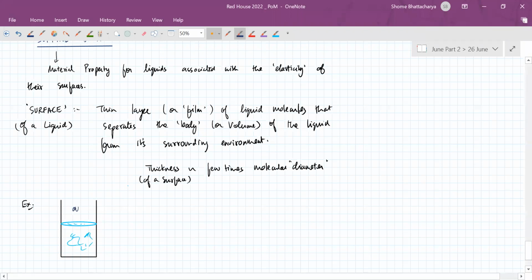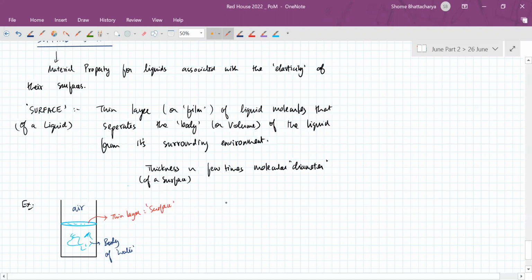So the surrounding environment being air, and this being the body or the volume of liquid. Let's say it's water. Then this thin layer over here, this is the surface that we're talking about.